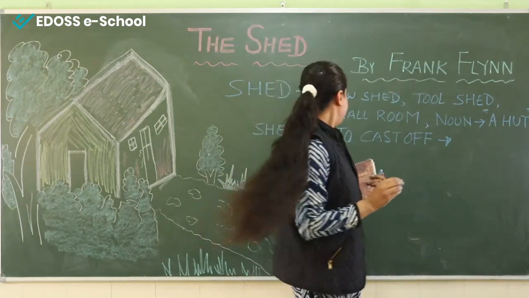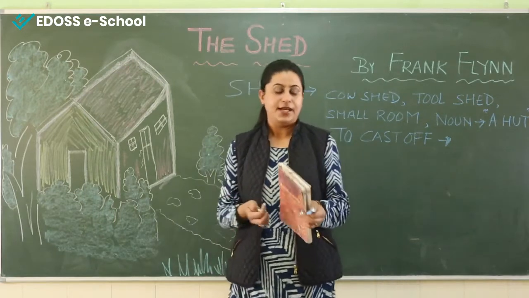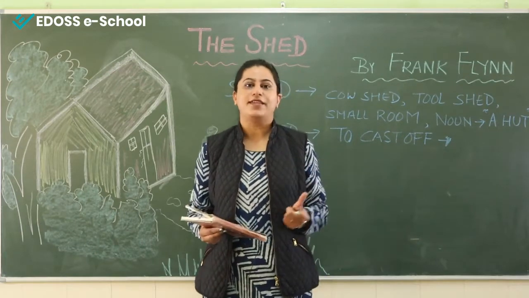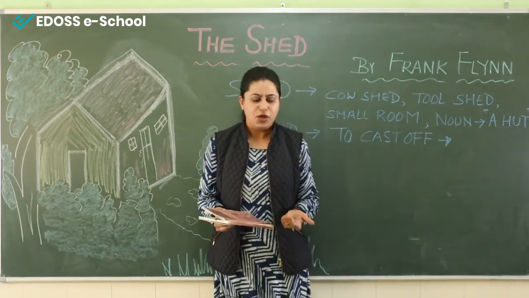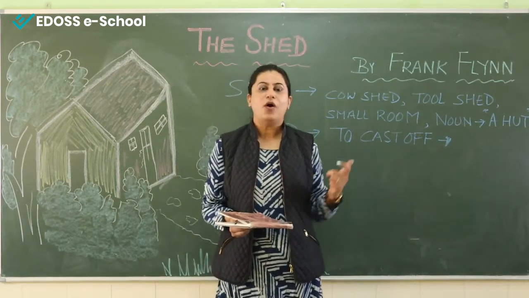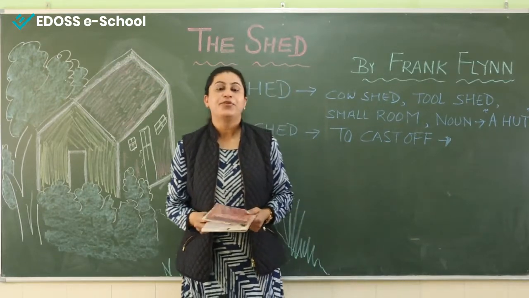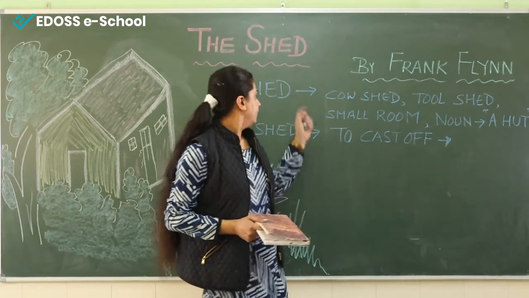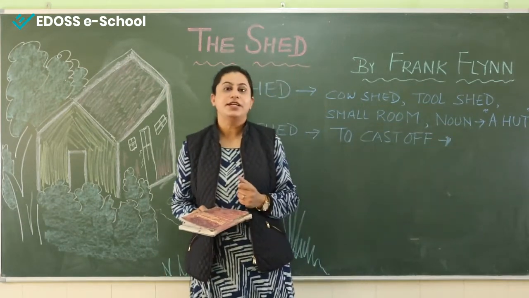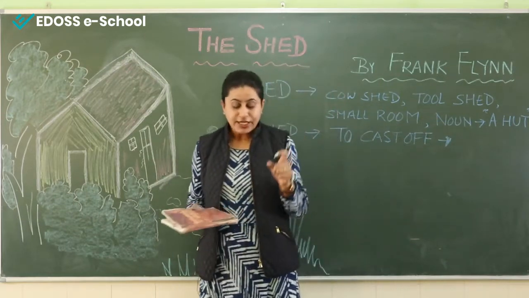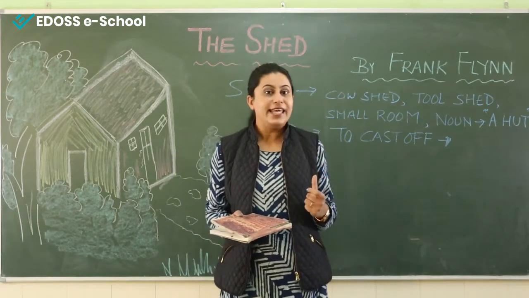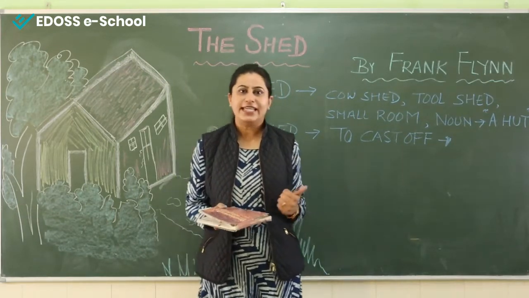Now, a shed can be a small room which is used to keep things, animals, or sometimes it can be considered as a storehouse to store things and even keep animals. But if we consider it as a noun, then shed means a hut. The term shed is also used as to cast off, the way a snake sheds off its skin.